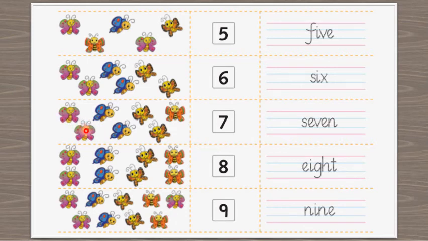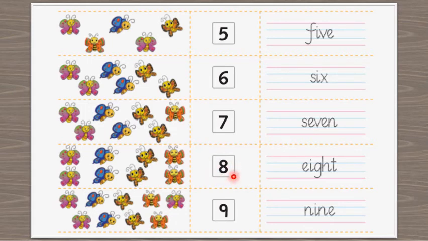Here 1, 2, 3, 4, 5, 6, 7. Number 7. Number name is SEVEN.